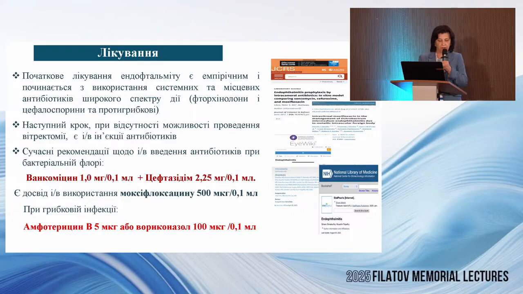In case of fungal infections, amphotericin B or voriconazole is used. Amphotericin B is practically missing in pharmacies, and voriconazole is also a toxic medication, which is widely used as a systemic drug, not as an intravitreal drug.